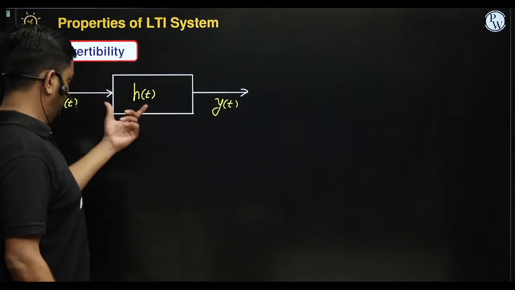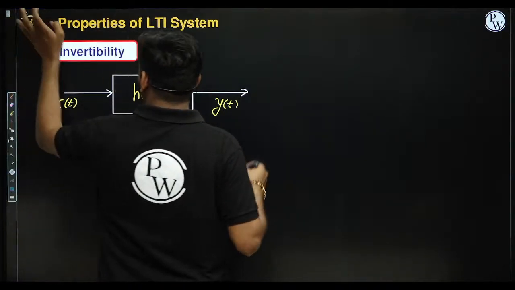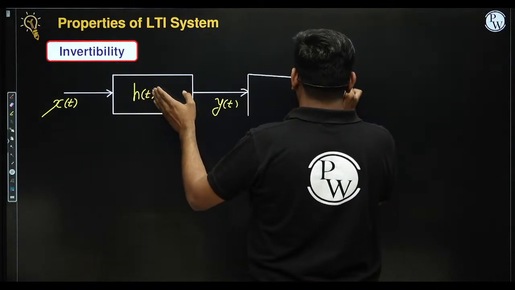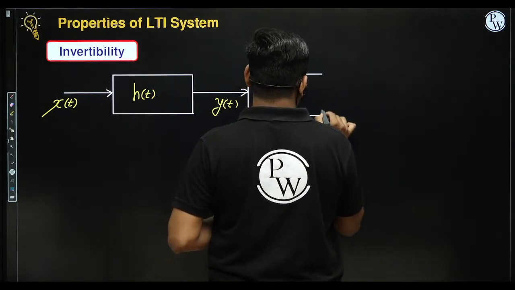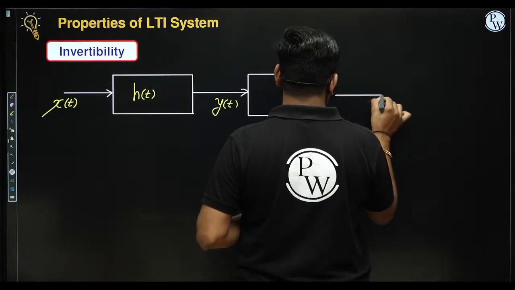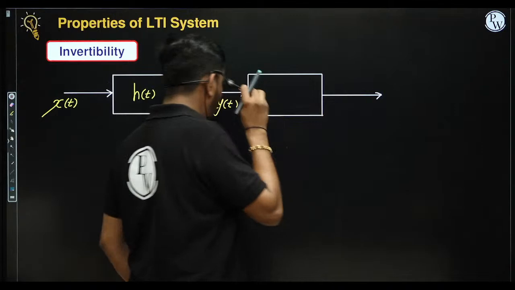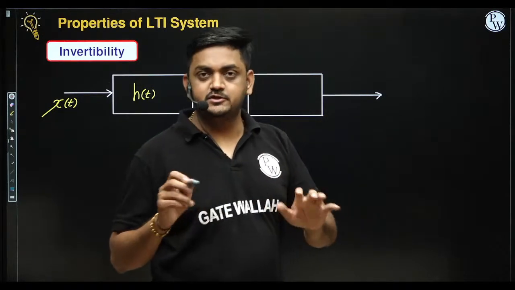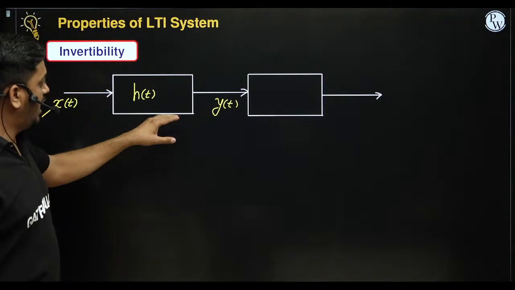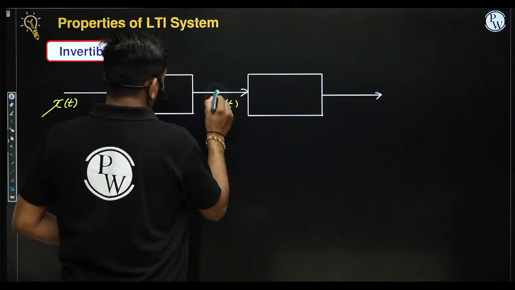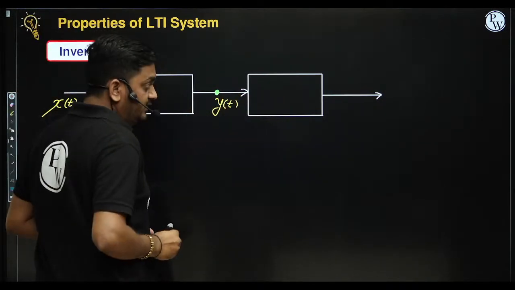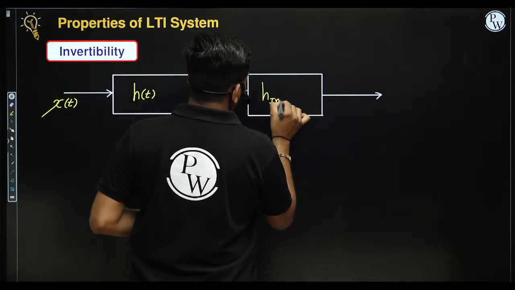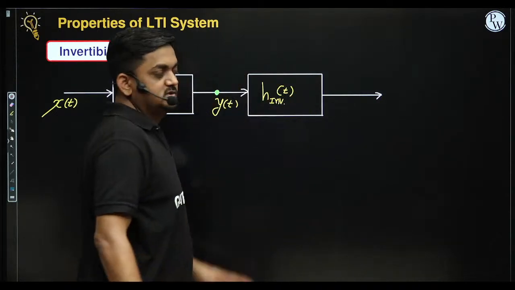If it is invertible, then if you give the output of this system to its inverse system, let us consider the impulse response of the inverse system is h inverse of t, just as notation.